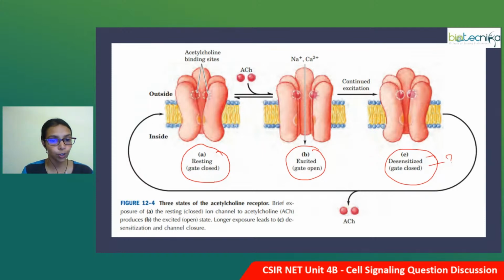Open, closed form: we don't have acetylcholine present over here, so the gates are closed. Once your acetylcholine goes and binds to the receptor, it opens the ion channel that will allow the passage of ions. So you call it an excited phase, or the gates are open.